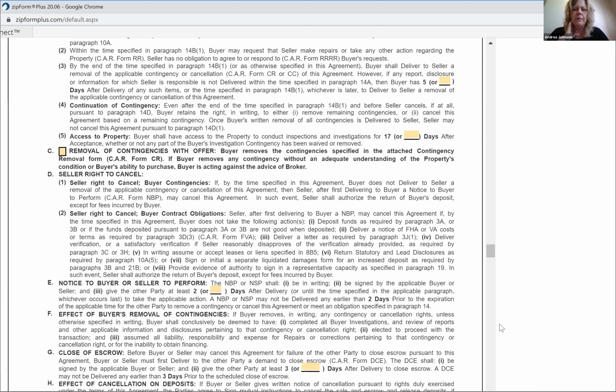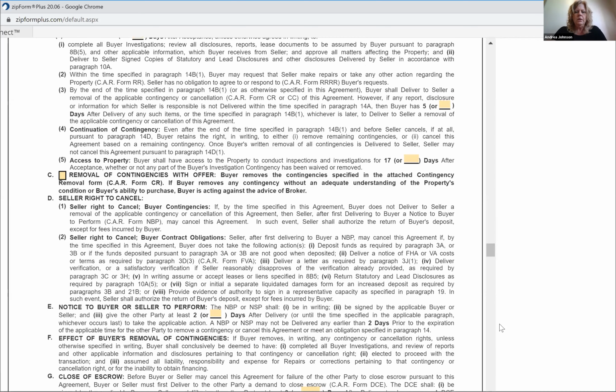Okay. Now, by the time specified in B1, which is buyer's inspection time frame, or as otherwise specified in the agreement, buyer shall deliver to seller a removal of the applicable contingency or a cancellation. So once buyer has done their inspections and received and reviewed disclosures and reports, their options are to say, okay, now we're informed, we're going forward.